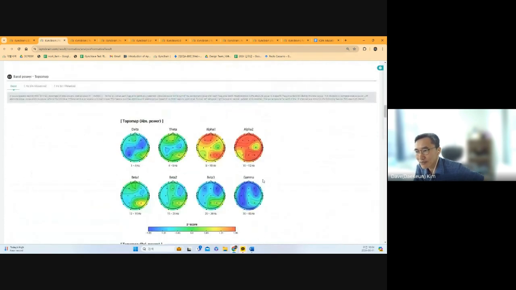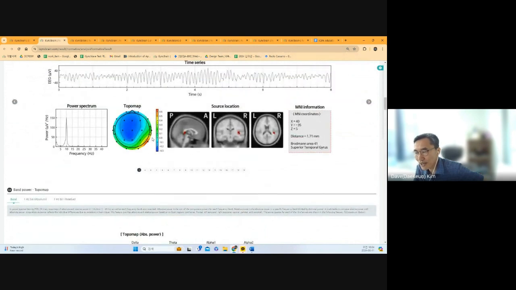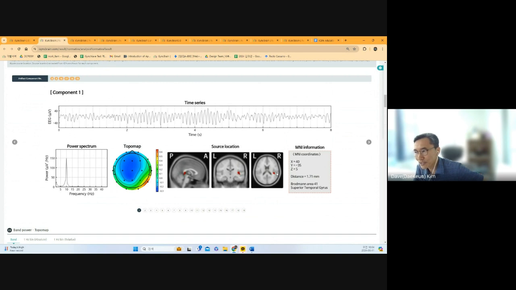And the same kind of slow excessive alpha activity in the component is coming from the right temporal area. The components are arranged in the order of the power.